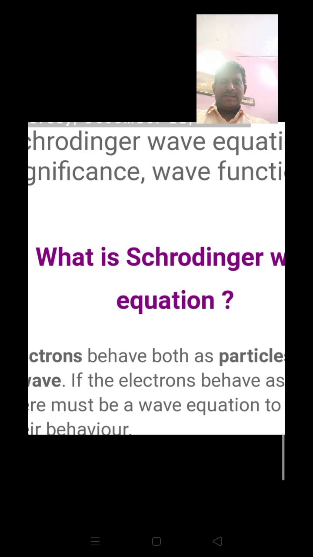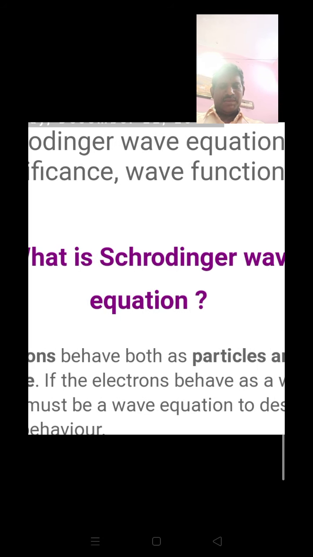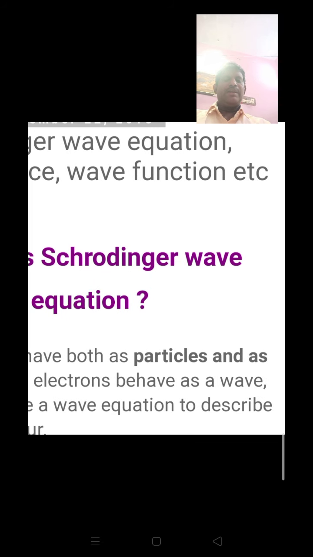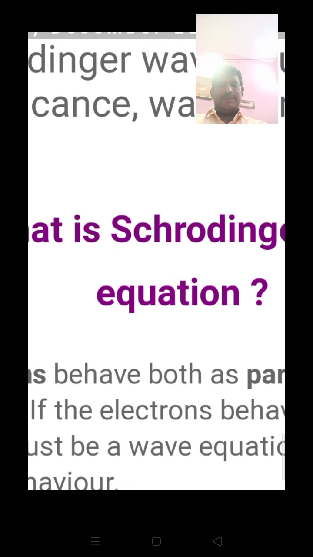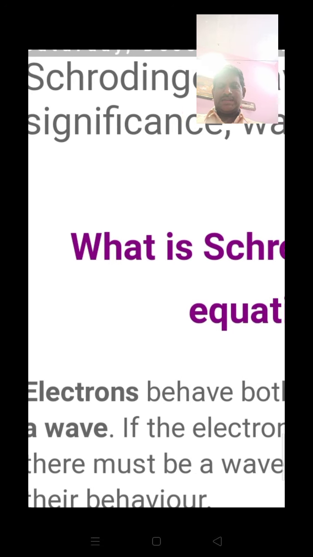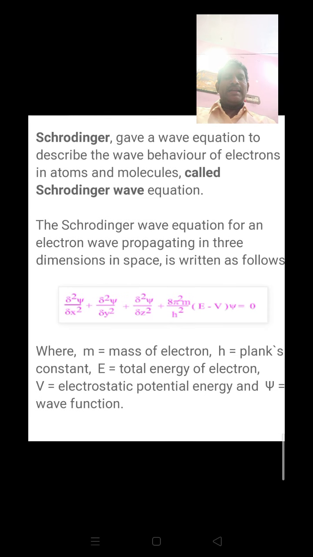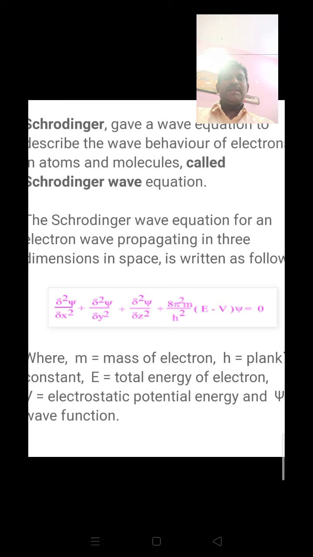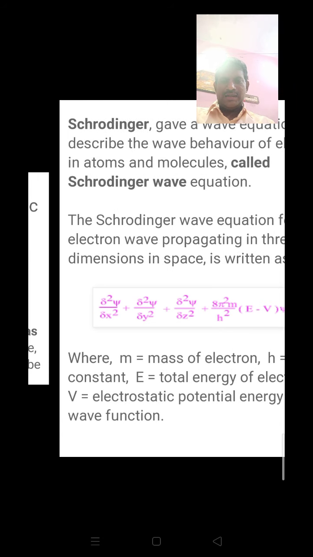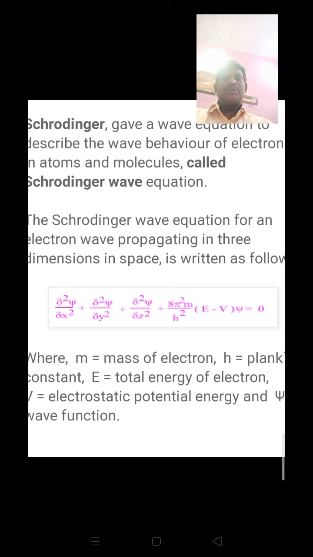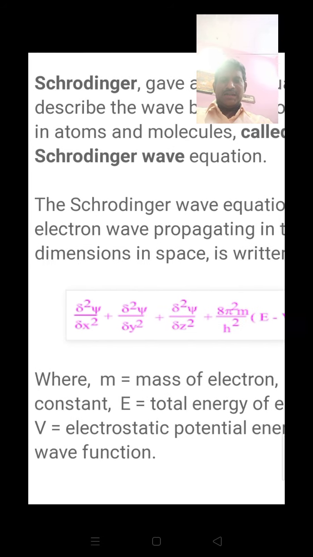If the electron behaves as a wave, there must be a wave equation to describe the behavior of the electron. Schrodinger gave a wave equation to describe the wave behavior of electrons in atoms and molecules. Such an equation is called the Schrodinger wave equation.